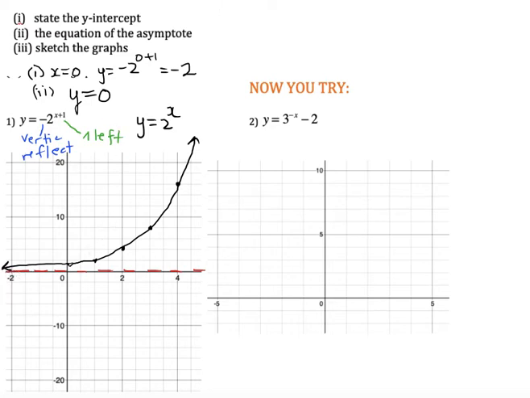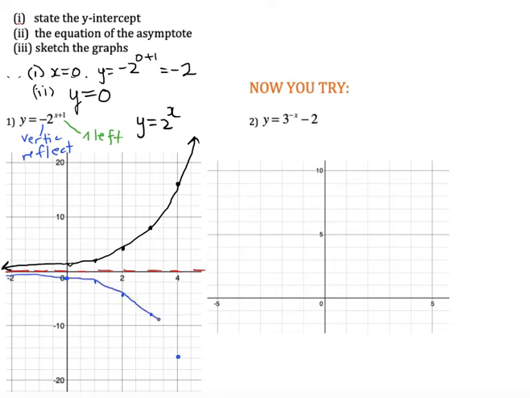Now I'm going to reflect it. From 1, I'm going to go to -1, and then at 2, -2, -4, at 3, -8, at 4, -16.